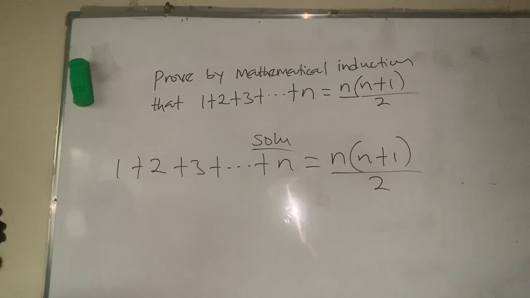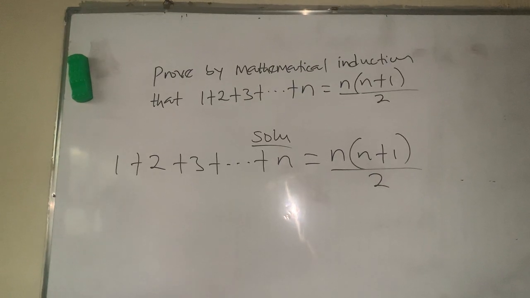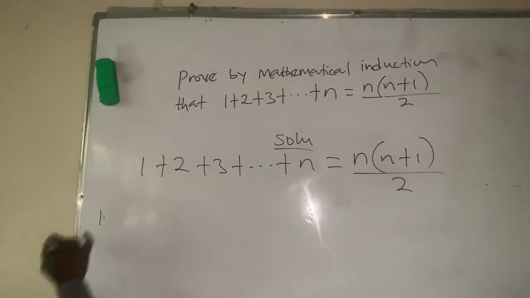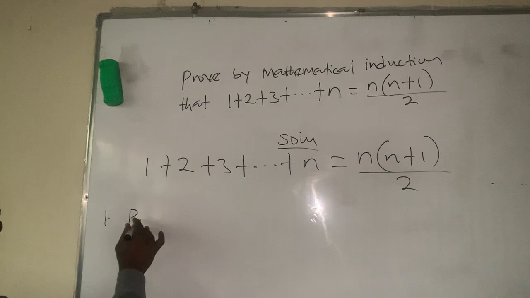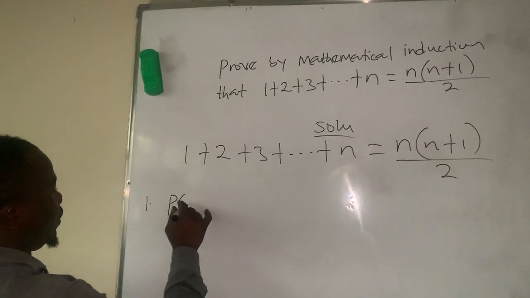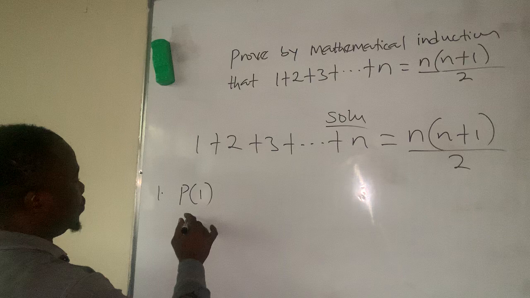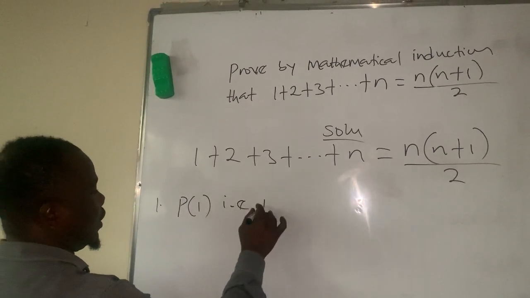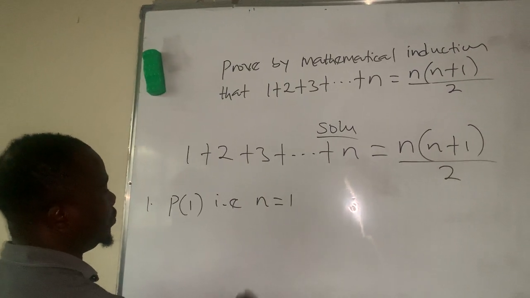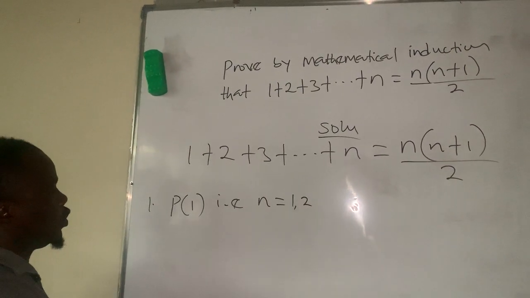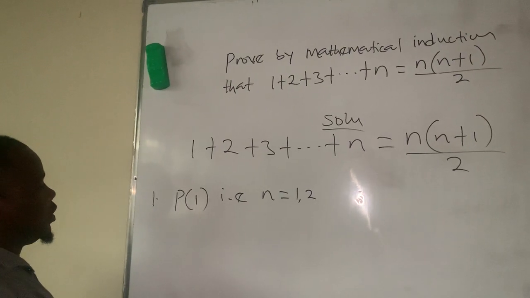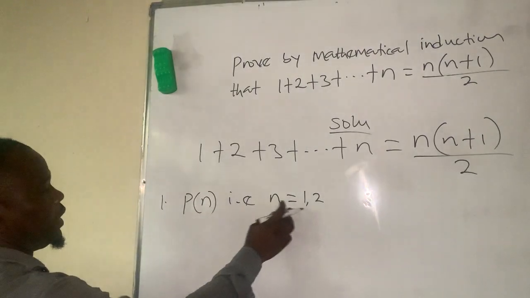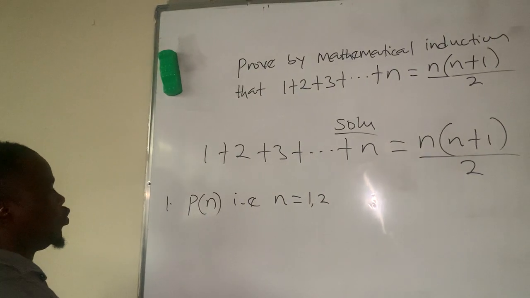Okay, what we will do here is we are going to consider three properties. One, P of 1, that is, if n is equal to 1 or 2. Or sometimes you may see P of n, that implies n could be 1 or 2.